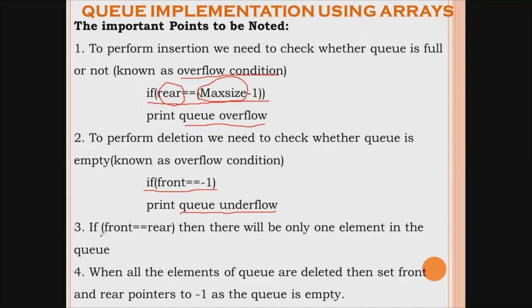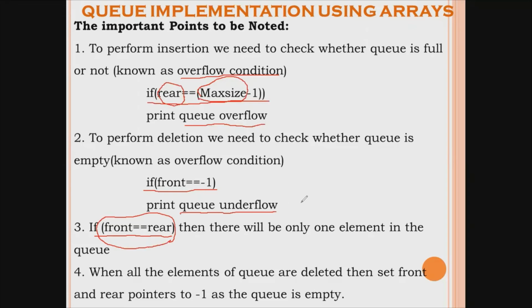The next point to be noted is if there is only one element in the queue. When there is only one element in the queue, front and rear both are pointing to the same element. That condition is called as front equal to rear. So after deleting that element also, we can set the front and rear to minus 1.